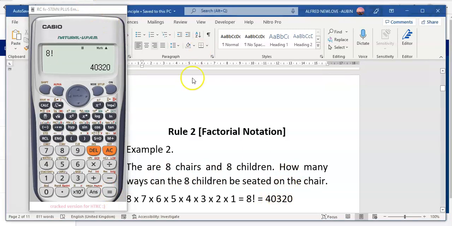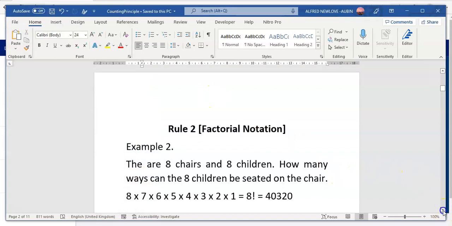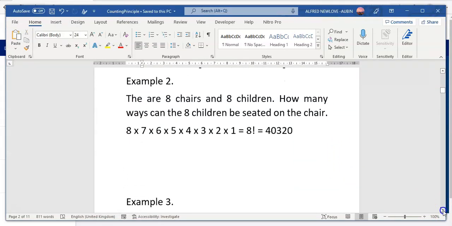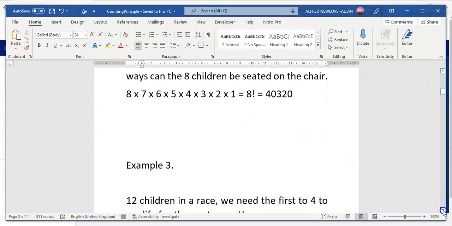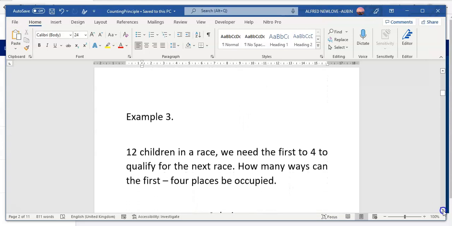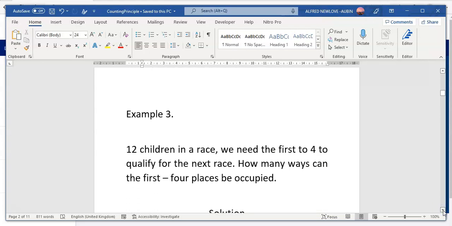Okay, now let's look at another example for this. In how many ways can the first 4 places be occupied by 12 children in a race?